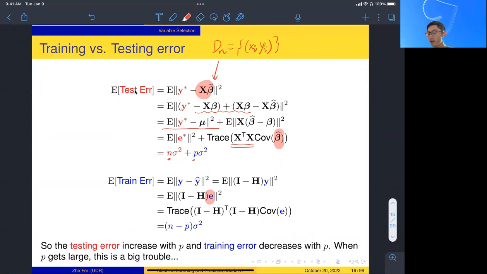And the good thing is that we actually have N minus P, so the degrees of freedom would reduce for the training error.